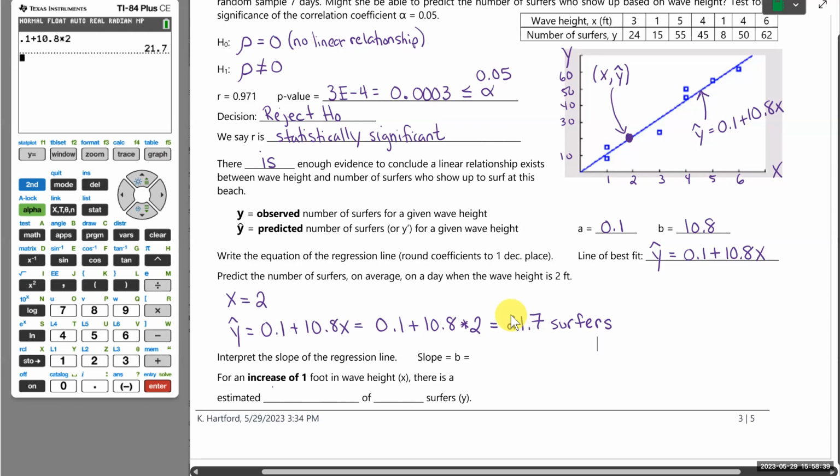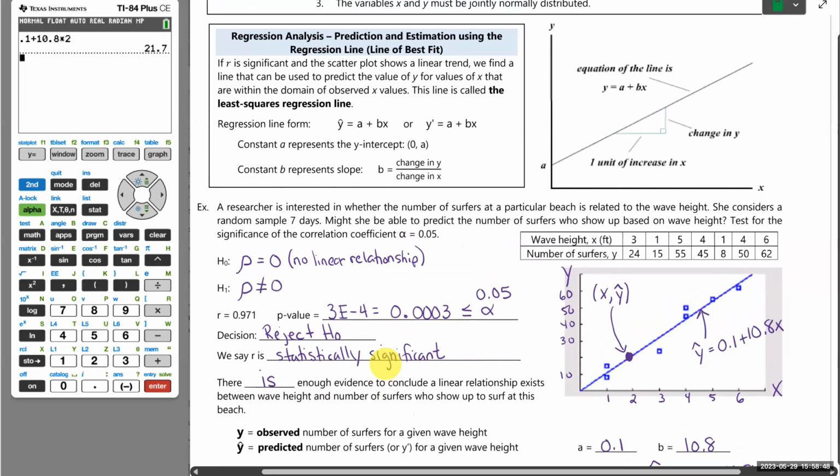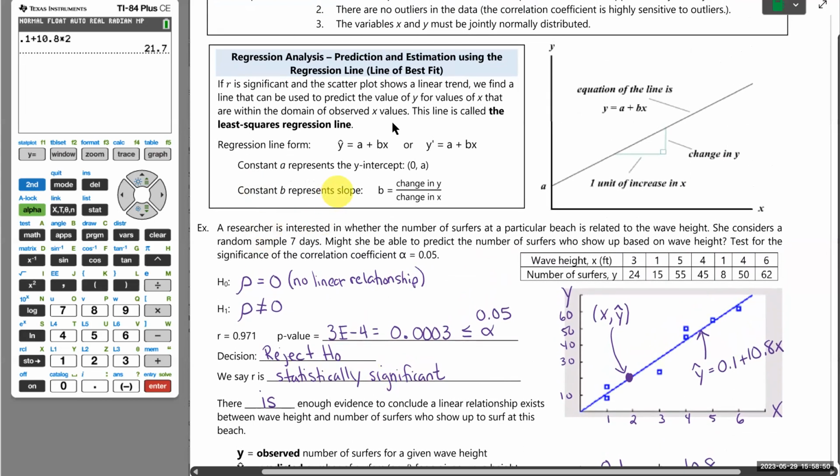All right, next, we're going to interpret the slope of the regression line. So let me just come up to my other bit of information here. So the coefficient of x is our slope. So we're writing it in this form. So the coefficient of x will be our letter b. So b here represents slope. And you may remember slope is change in y over change in x.